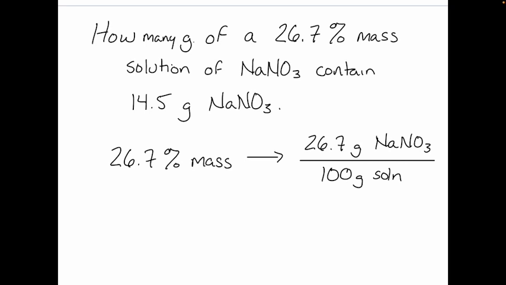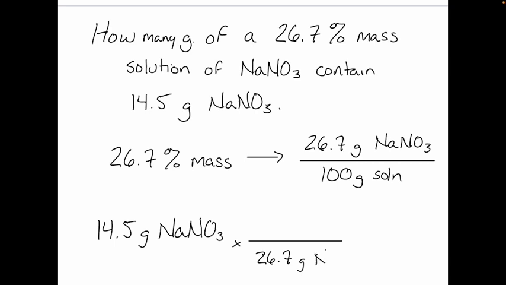All right, so I'm going to start with my 14.5 grams of sodium nitrate. Okay, I'm going to be using my concentration here. Is it good as is, or am I going to have to flip it? I'm going to have to flip it so that my 26.7 grams of sodium nitrate are on the bottom, and that 100 grams of solution are on top.